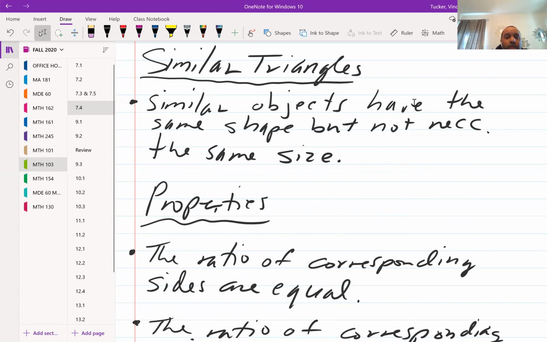All right, so the properties of similar triangles: the ratio of corresponding sides will be equal. We'll talk about what that means when we get actual examples in front of us.